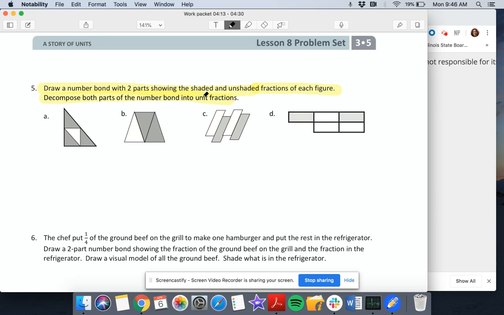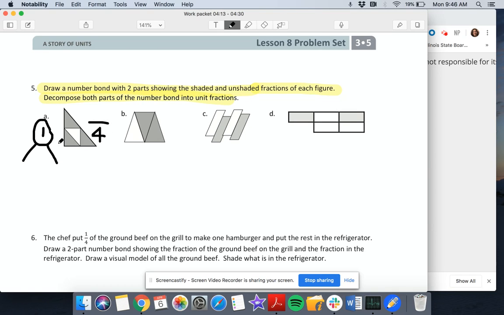So let's do the first one together. A. So if we're first drawing a number bond, we know that 1 goes on top because we're just representing one figure. Now, how many triangles do I have in this figure? What's the total number of triangles? 1, 2, 3, 4. 4 is the total number of triangles.